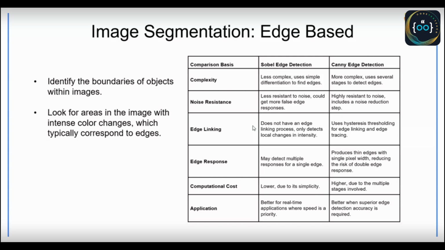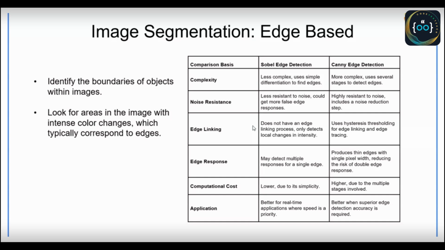The Canny method involves several stages, including applying a Gaussian filter to the image to smooth out noise, computing the gradient of the image, non-maximum suppression to eliminate any unwanted pixels which may not constitute the edge, and finally a double threshold is applied for edge detection and edge linking. This results in well-defined thin edges that are less likely to fragment.